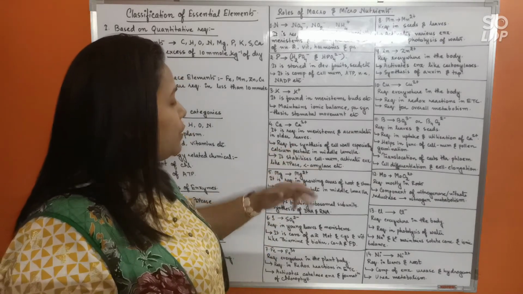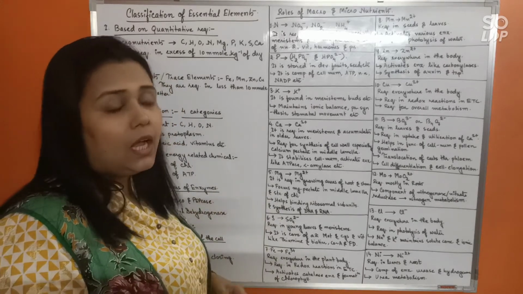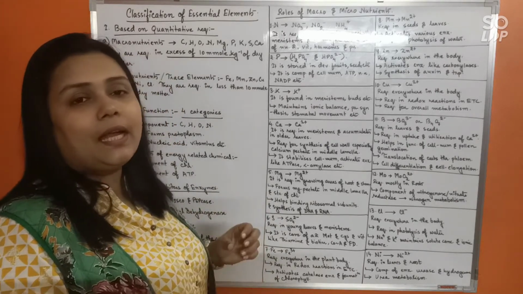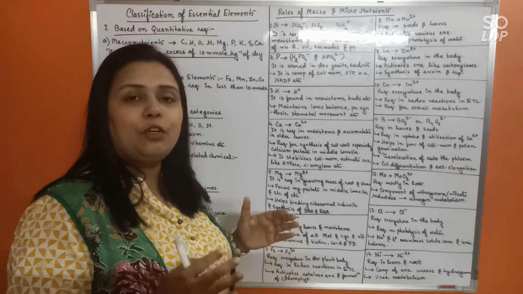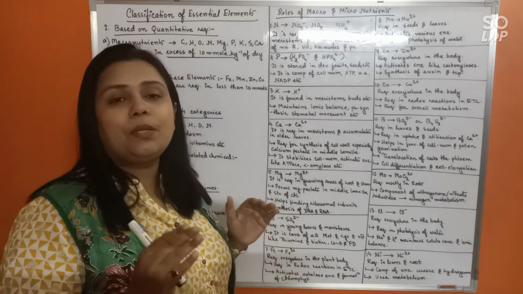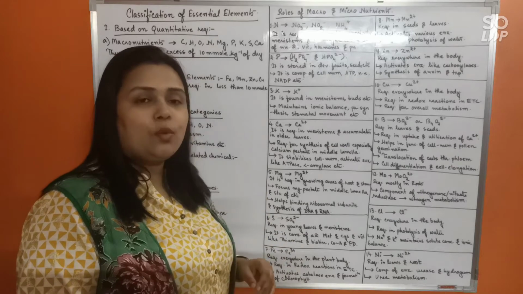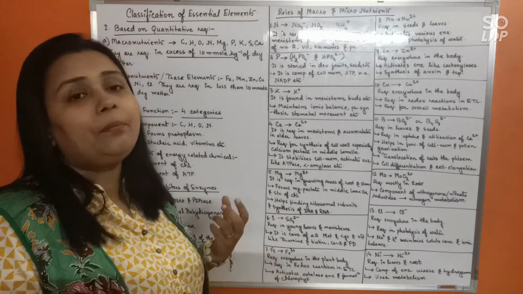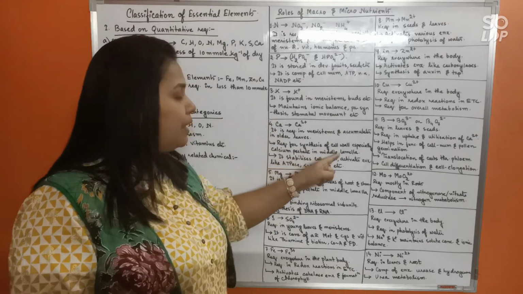It is required for the synthesis of cell walls, especially as calcium pectate in the middle lamella. As you know, the middle lamella is a kind of cementing layer found between two adjacent plant cells, and it is formed during cytokinesis itself. The middle lamella is made up of calcium and magnesium pectate. So that's how calcium is related to the middle lamella.